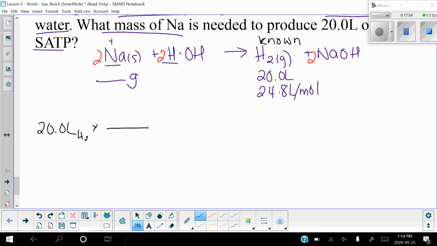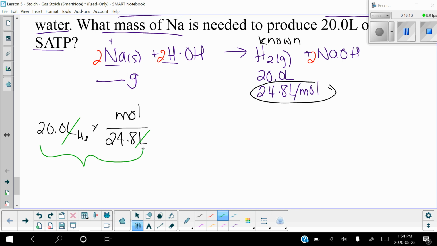In order to convert this, we are now going to use our molar volume. We are going to divide by 24.8 liters over moles. Liters cancels with liters, and from here to here, we have moles of hydrogen gas, which is our known moles.